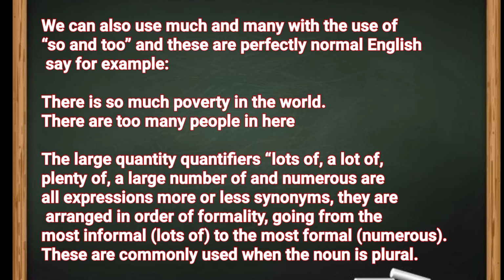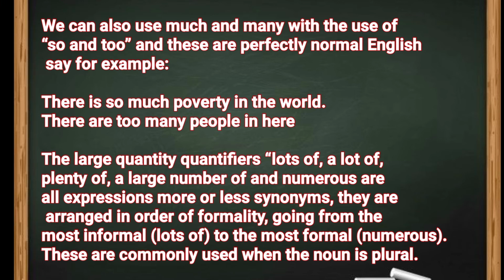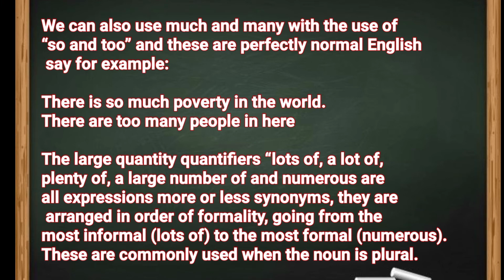On the other hand, the large quantity quantifiers such as lots of, a lot of, plenty of, a large number of, and numerous are all expressions more or less synonyms. They are arranged in order of formality, going from the most informal, lots of, to the most formal, which is numerous.